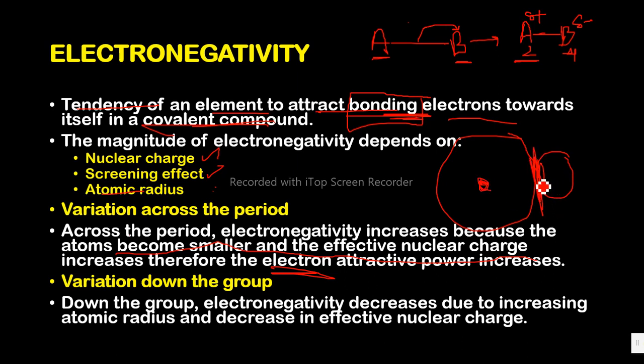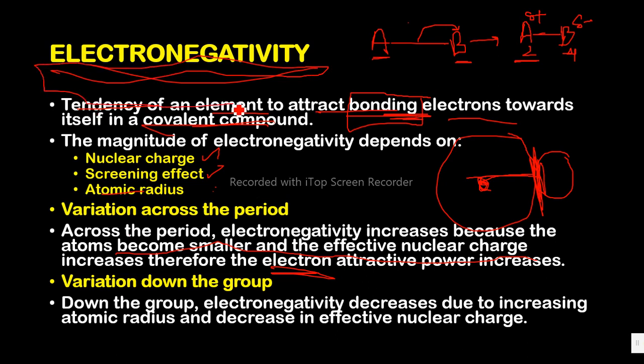So these bonding electrons will be poorly attracted to the nucleus, hence decreasing the electronegativity. And this concept is so important as far as organic chemistry is concerned. It will be frequent, and we shall talk about it as many times as we can. Is that okay?